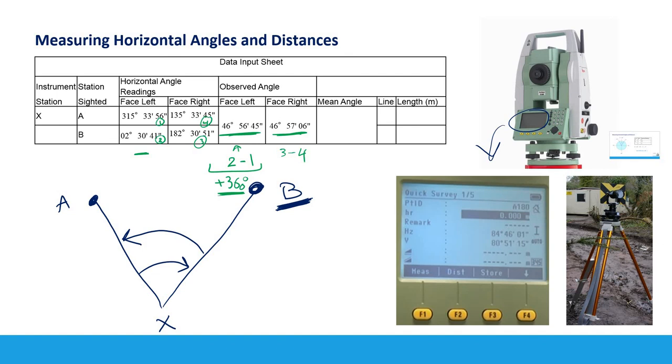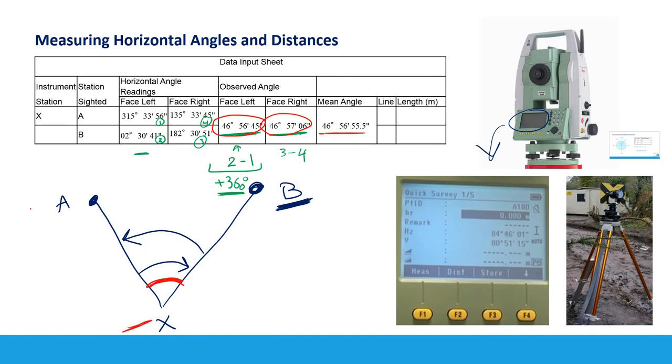Okay, now before I move ahead, I will judge my numbers. As I mentioned, these two numbers should be close to each other. The difference between them should be in seconds. In this case it's about 20 something seconds. So let's go ahead with the calculations to calculate the mean value, the final value, which is in this case 46 degrees 56 minutes and 55.5 seconds, and this is the final mean angle, and this is the value of this angle.